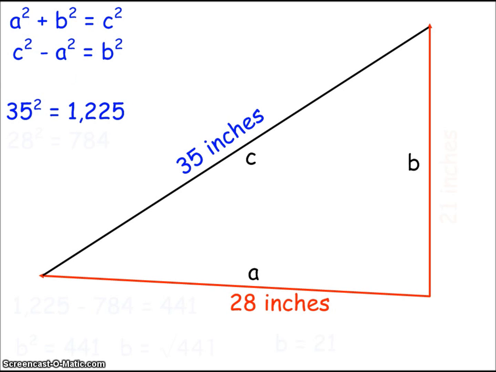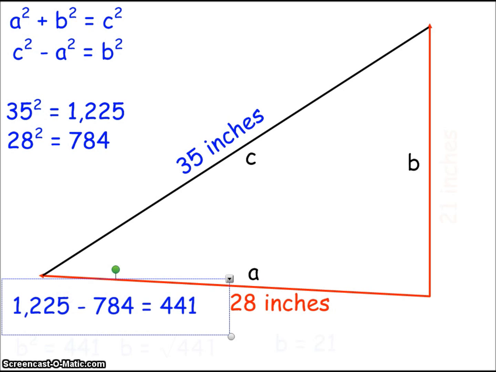35 squared is 1,225. 28 squared is 784. So what we have to do is take away 784 from 1,225, which leaves us with 441. So that means that b squared has to be 441. But wait there, we're not finished yet.